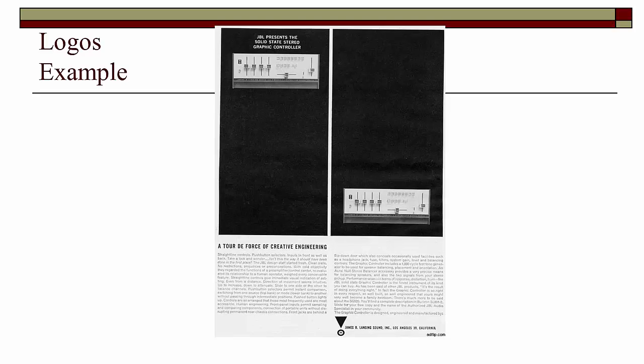Final logical appeal here. This is an advertisement for a JBL graphic equalizer, and in the old days, we used to have to shape our sound with these graphic equalizers. The logic here is both the picture itself, which shows these equalizers in up and down positions, demonstrating the function that this equalizer is going to have.